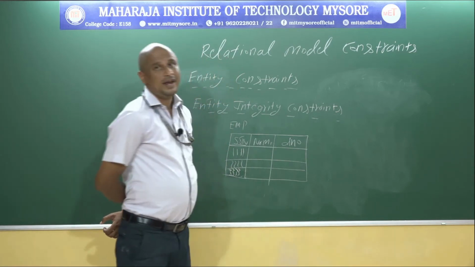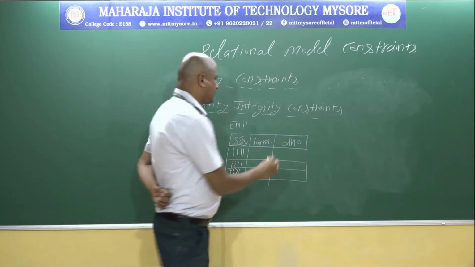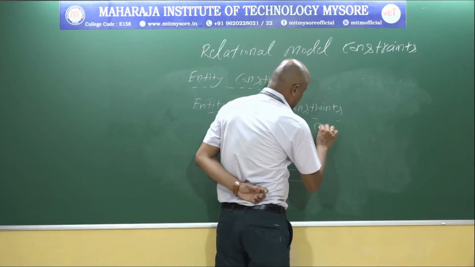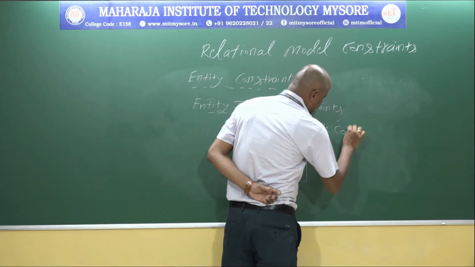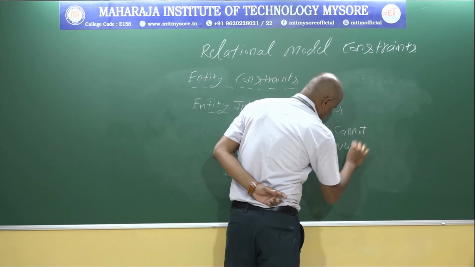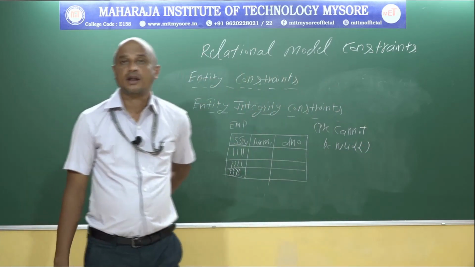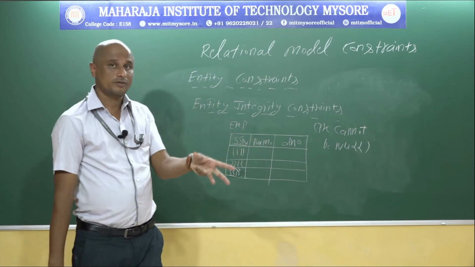That is called the entity integrity constraint. Write PK: primary key cannot be null. Okay.